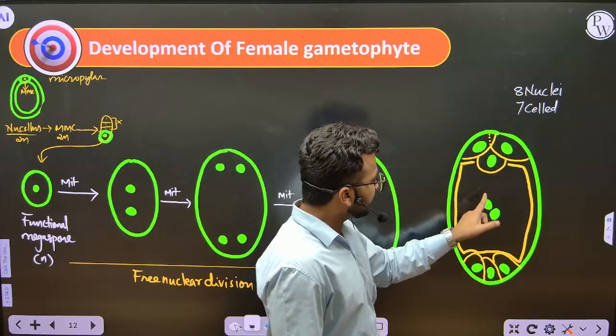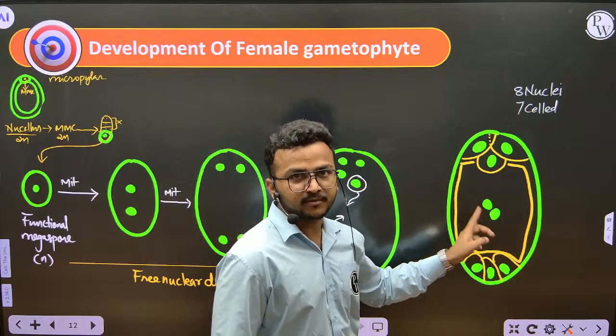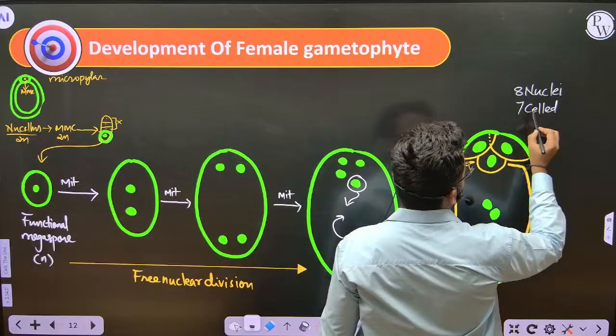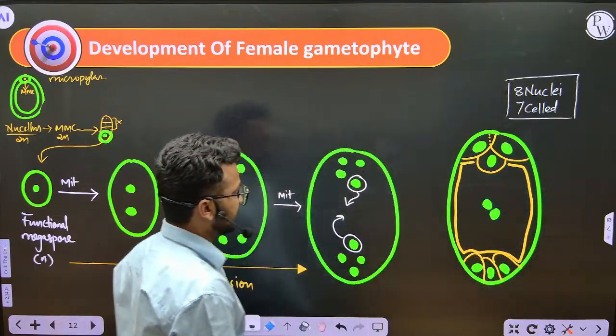There are 7 cells and 8 nuclei, because at the center 2 nuclei are present in the central cell, so it is only one cell. We call this the 8 nuclei and 7 cell stage.